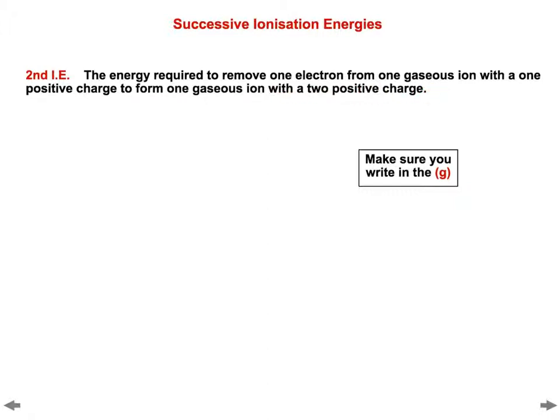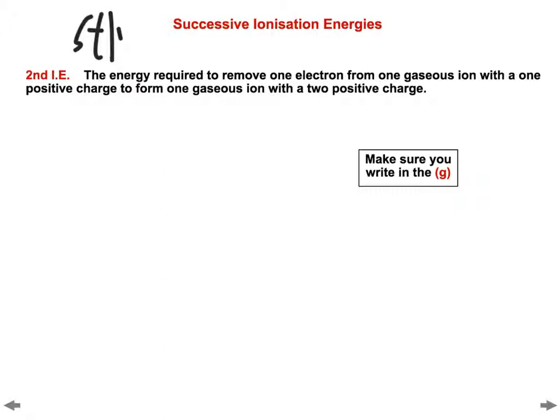You could be asked for any sort of number. You could be asked for the fifth ionization energy. It's essentially exactly the same sentence, except you just replace the charge. So say we were asked for the fifth.